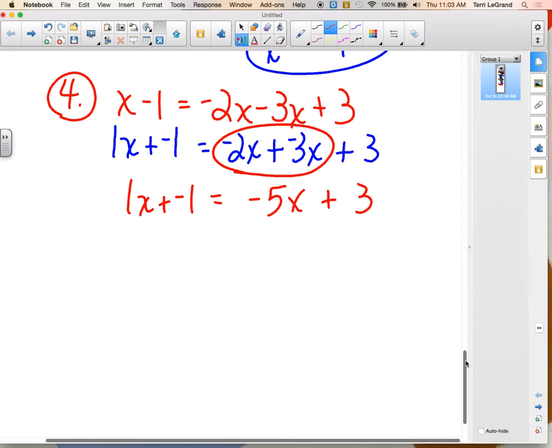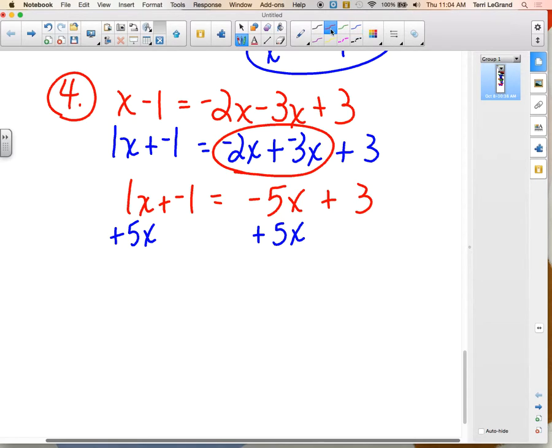Okay, you know what, guys? Because these are negative over here, these are the ones I want to move. What would I have to do? Add them. I'm going to get rid of that negative. I can add 5x, and that will get rid of them, won't it? And over here, it's not going to create another negative for me.